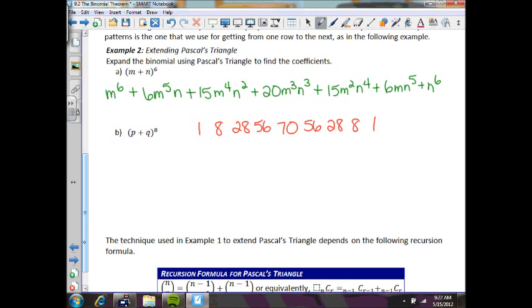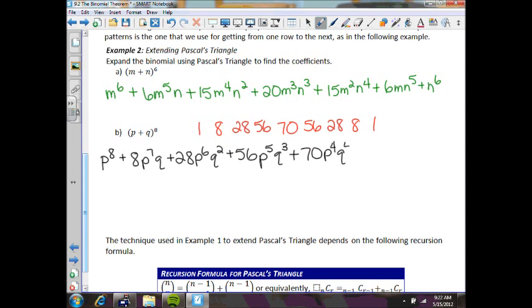So when we create our expansion, I have p to the 8th plus 8p to the 7th q plus 28p to the 6th q squared plus 56p to the 5th q to the 3rd, 70p to the 4th q to the 4th, 56p to the 3rd q to the 5th, 28p squared q to the 6th, 8p q to the 7th, and then q to the 8th.